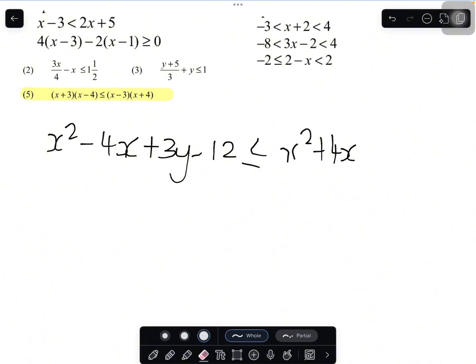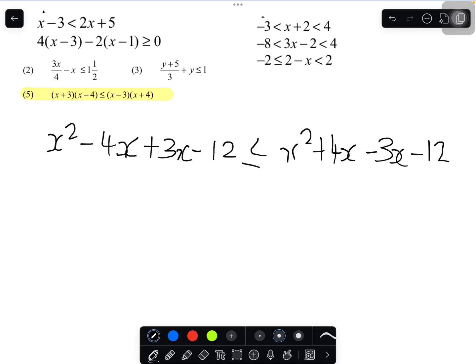Oh, I don't know why I have a y here. This should be an x. Plus 3x minus 12. x squared plus 4x minus 3x minus 12.